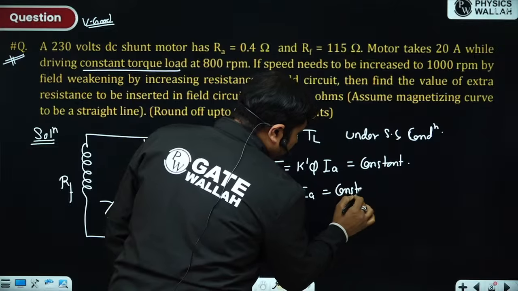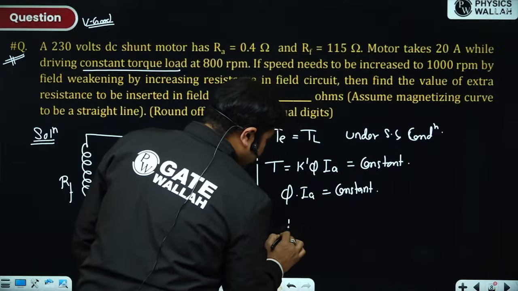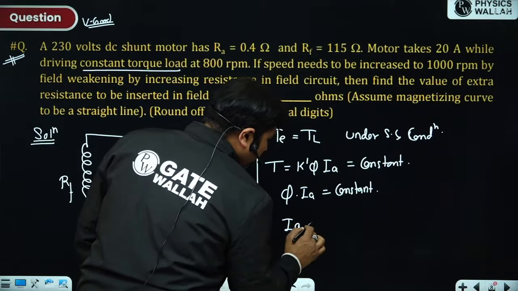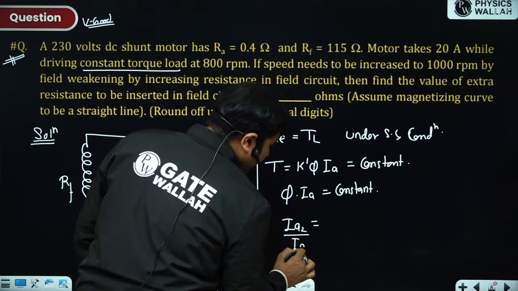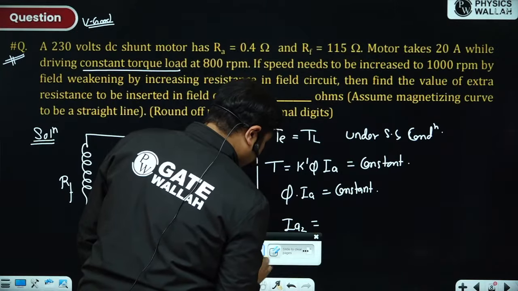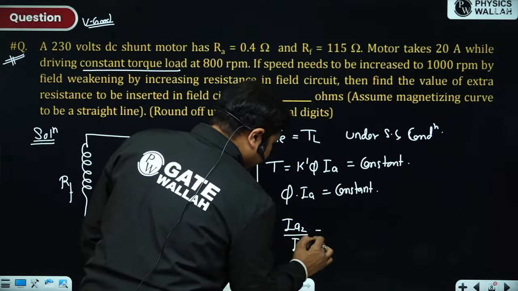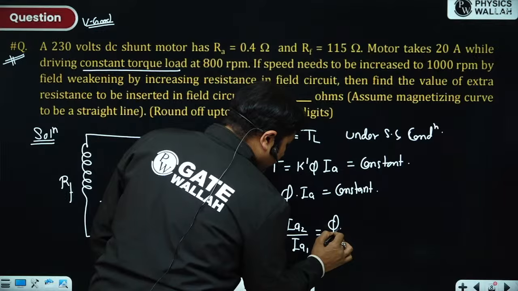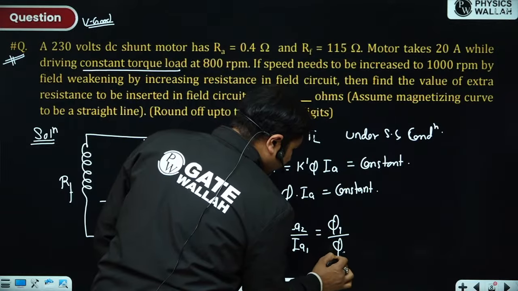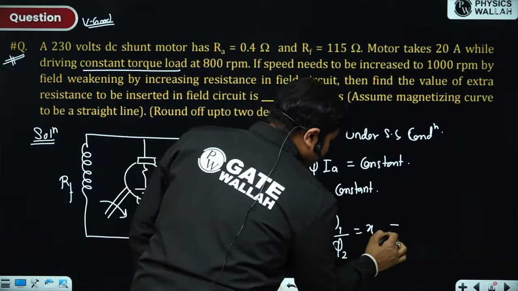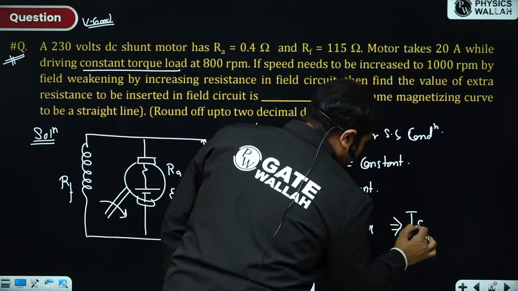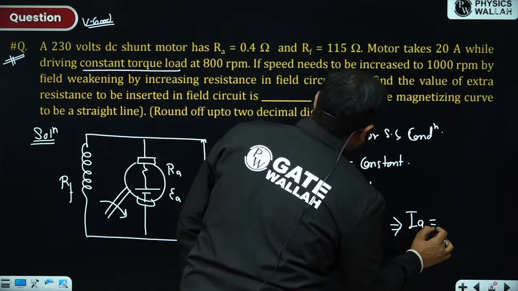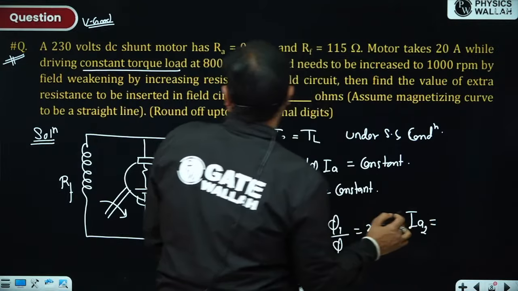So if phi into Ia is constant, then you can say Ia2 by Ia1 will become phi 1 by phi 2. Let it be x. So from here we have Ia2 equals to I1 is given to you.